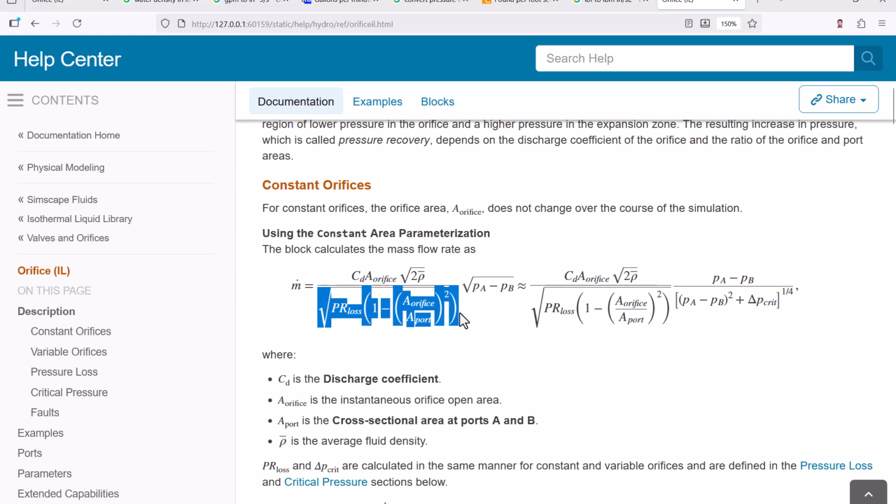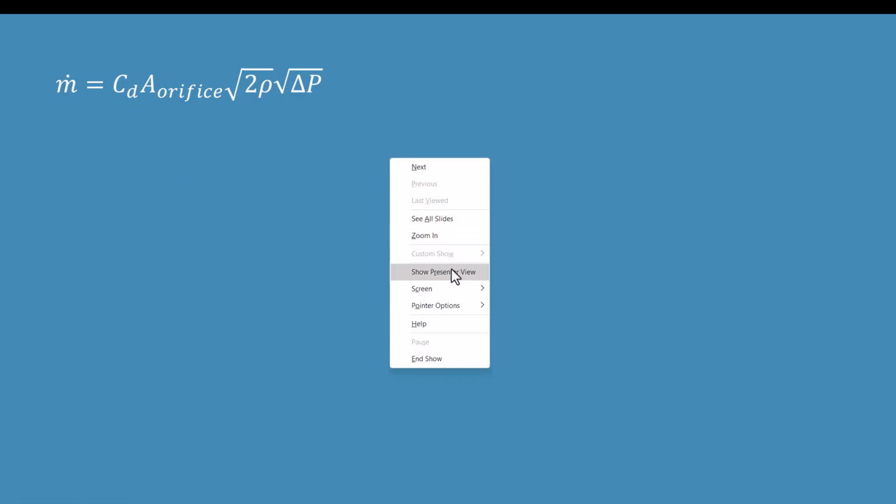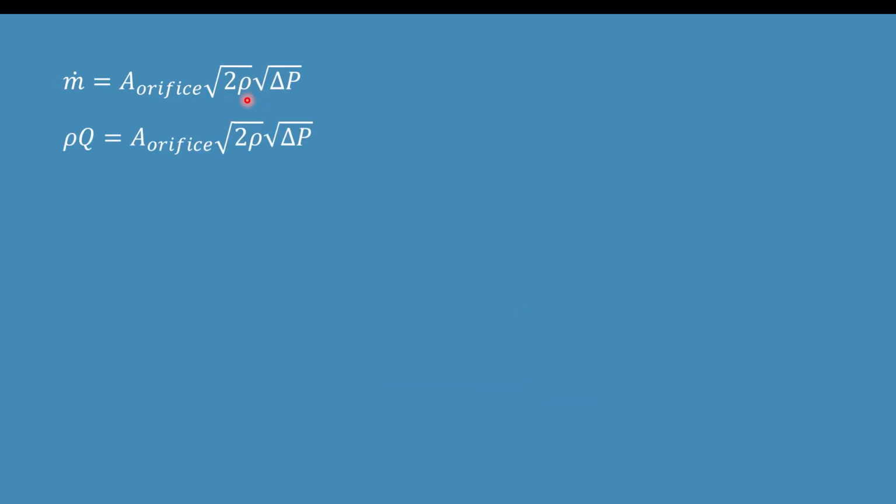So I'm going to ignore this term, and what remains is that m dot is equal to some constant values times the square root of the pressure drop. And here I have this equation. And just to make the calculations easier, I will set the constant CD equal to 1. So if it is equal to 1, then what remains is this formula.